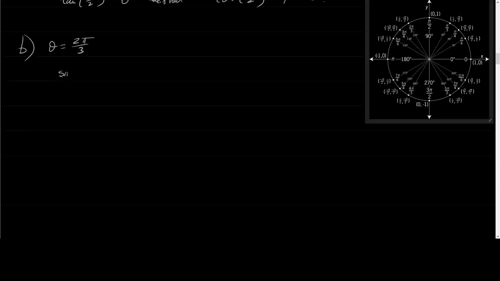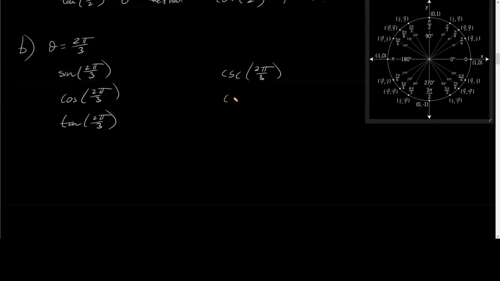And we're asking for sine of 2 pi over 3, cosine of 2 pi over 3, tangent of 2 pi over 3, and the reciprocals of all of these. So cosecant of 2 pi over 3, secant of 2 pi over 3, and finally cotangent of 2 pi over 3. All right.